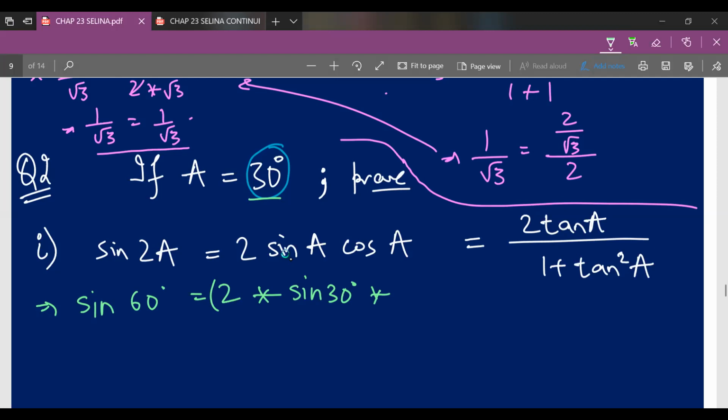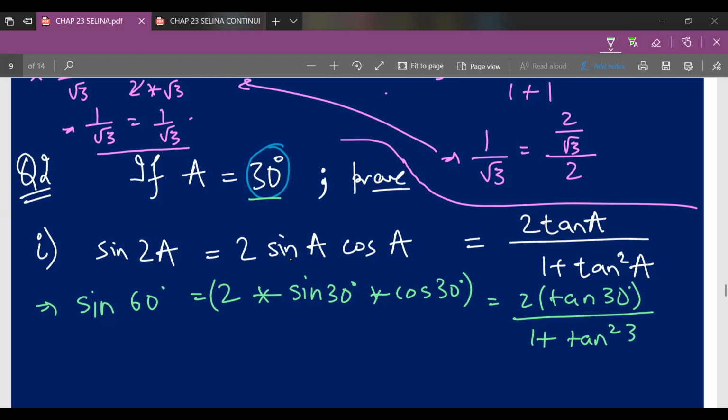Now over here, 2 tan A means 2 into tan 30 degrees, whole divided by 1 plus tan square A, so tan square 30 degrees. Now it's a big question. Don't worry, we'll solve the sides one by one.